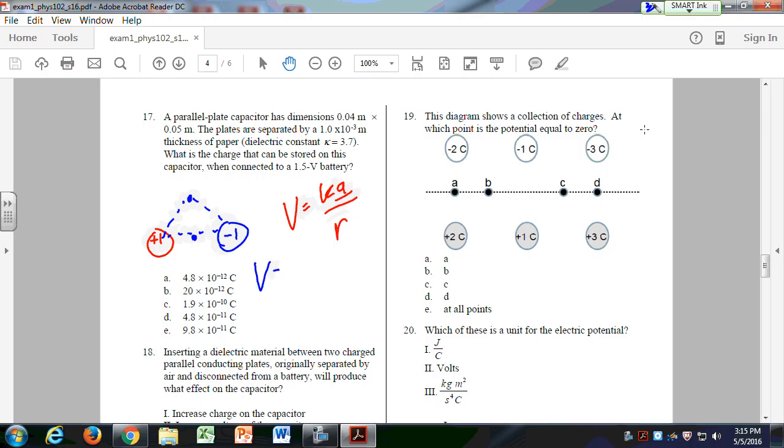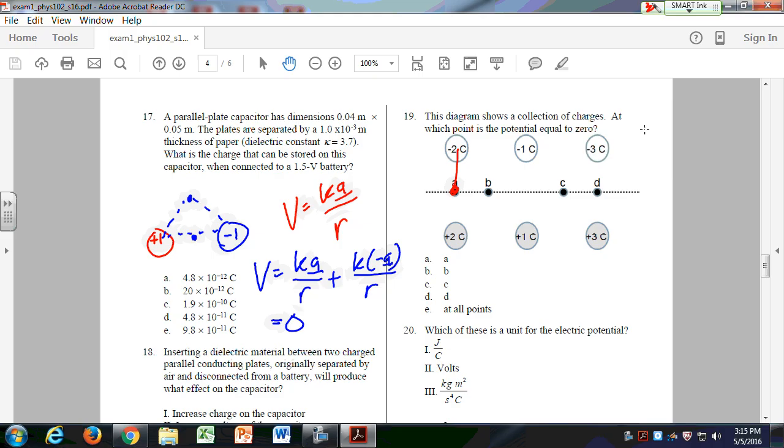The reason is that when I add these up, I get KQ over R plus K negative Q over R, and this equals 0, as long as R is the same for both. If R changes, then these are not going to be equal and opposite. So in this one, I'm looking for a point where the positive and negative charges are equidistant from one another. So for example, here, oh, this is the answer, I guess.